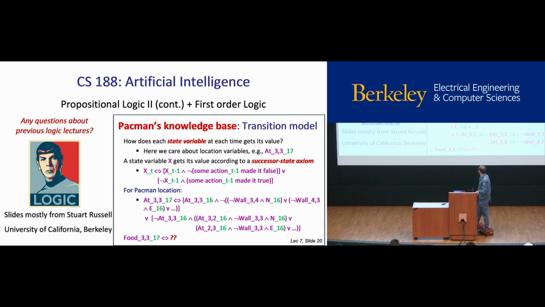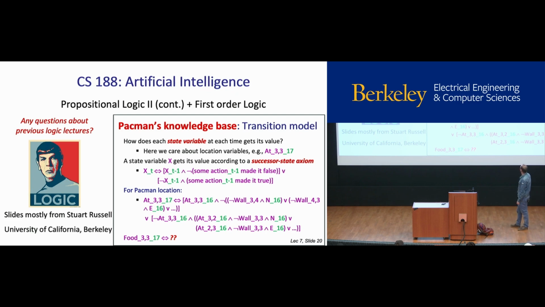So here's another question for you guys. How might we give Pacman knowledge about what the value of this variable is going to be? This variable meaning there is food at location 33 at time step 17.